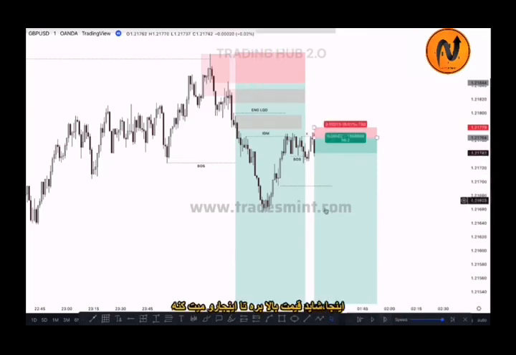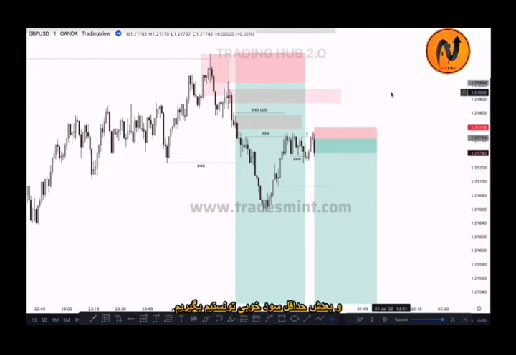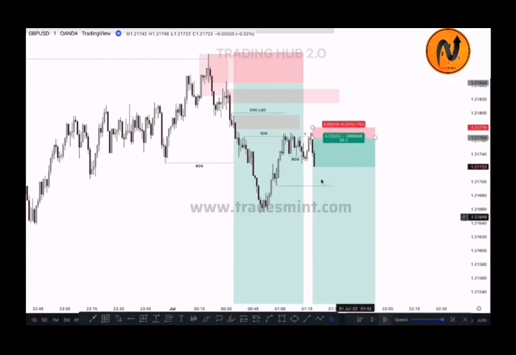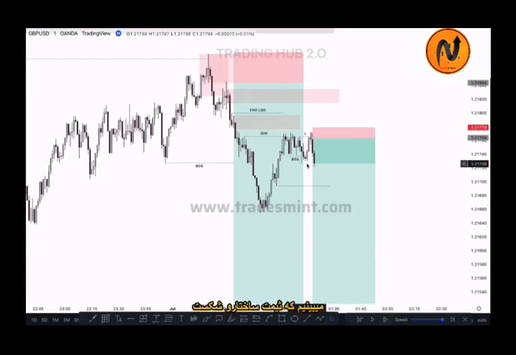In case the market pushes higher to mitigate something here, then at least we can make good profit. If not making profit, at least we can cut at the break even point. Okay, so let's see what happened next. You can see the market broke this structure.